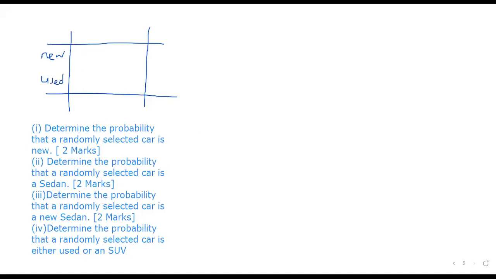Then here we had sedan and SUV. We're given 24, 9, 15, 12.